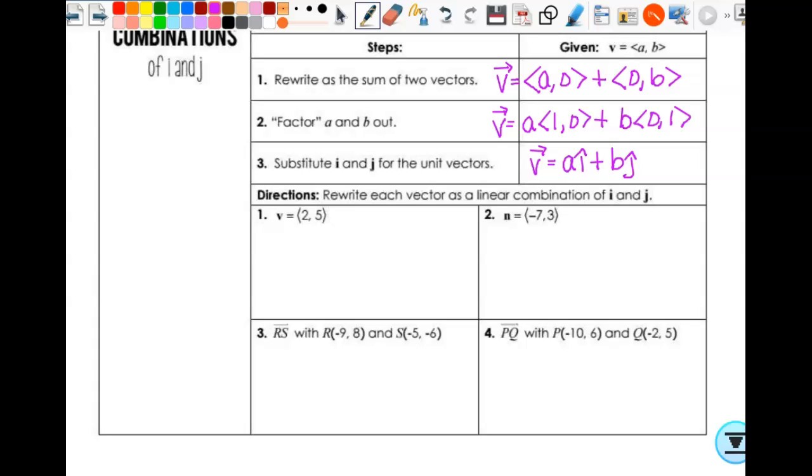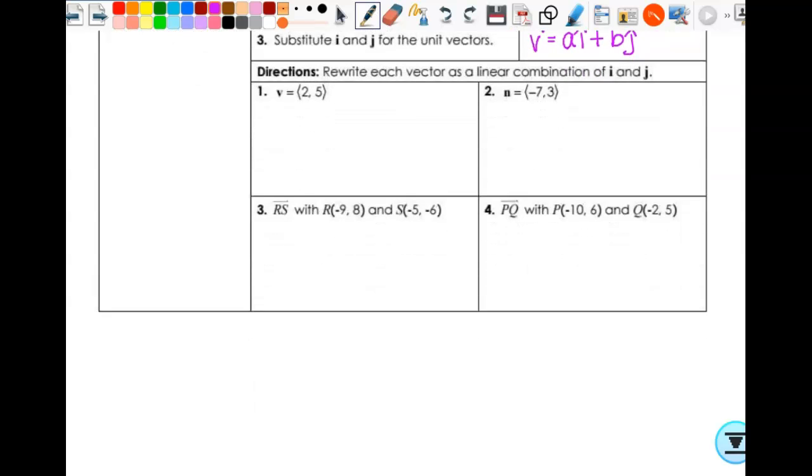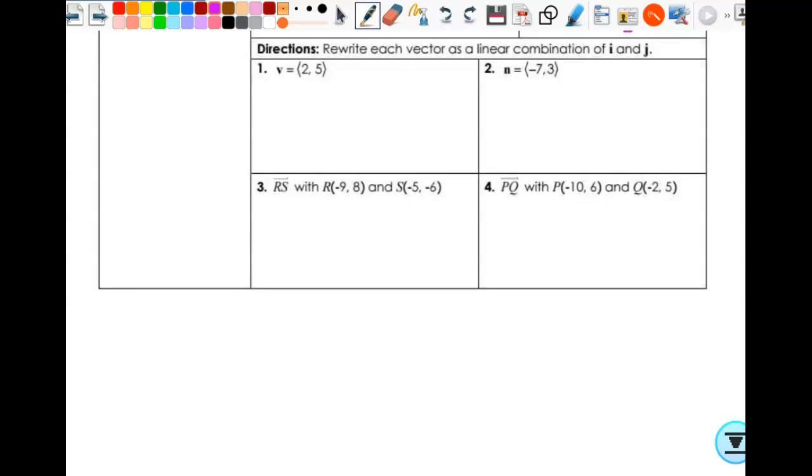All right, so we're going to rewrite these as a linear combination of i and j. I'll do it a couple of different ways, it doesn't matter. So vector v can be 2 times, we'll do the hats first, i hat plus 5 times j hat.